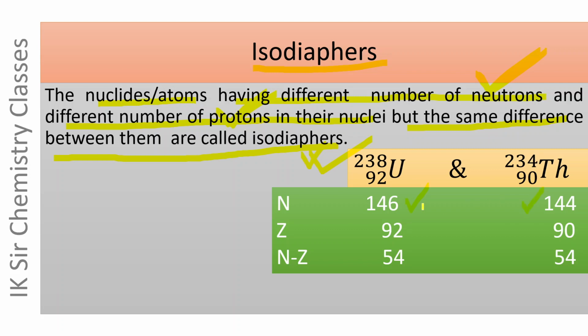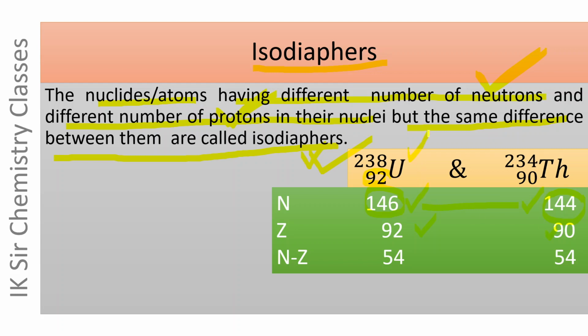The number of neutrons is different. It contains 146 neutrons and it contains 144 neutrons. U-238 has 92 protons, while thorium-234 has 90 protons.